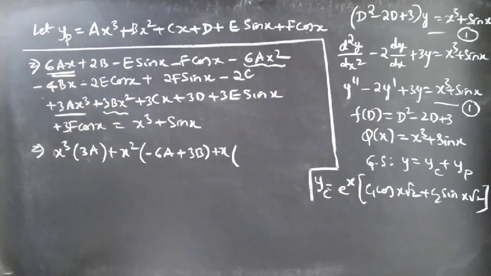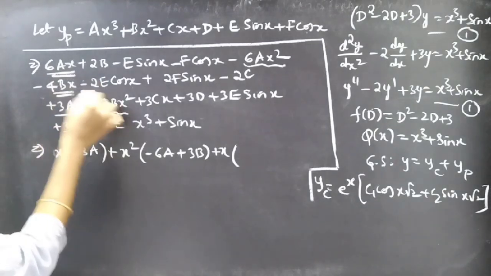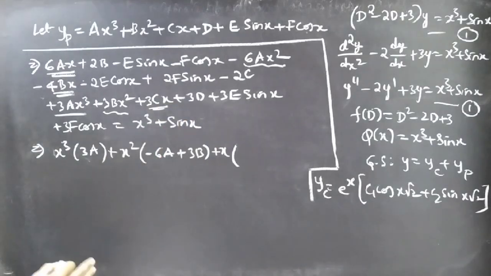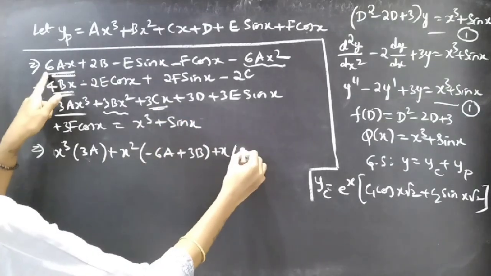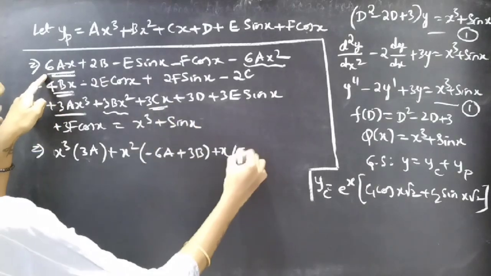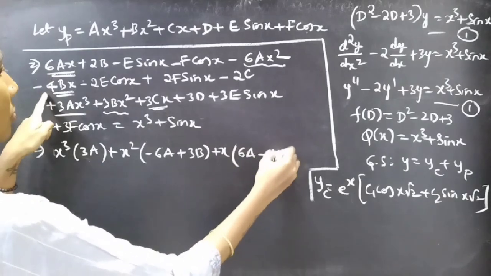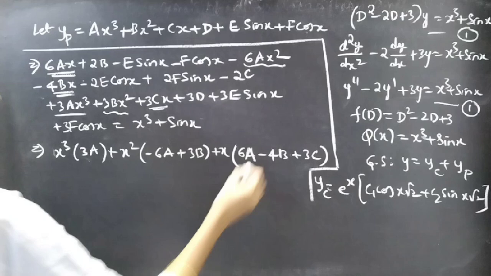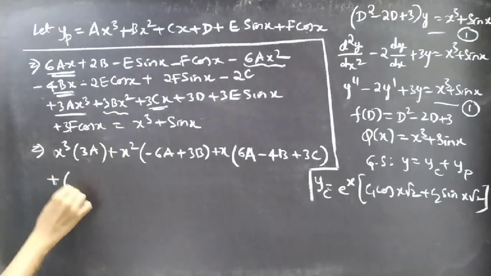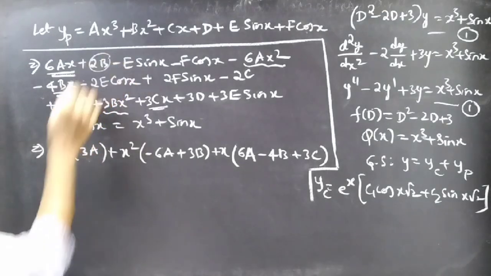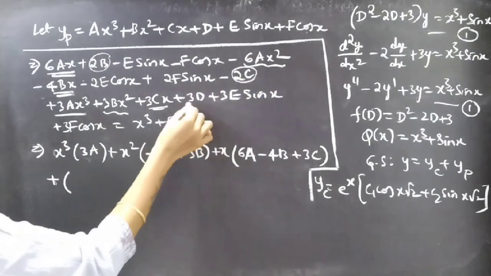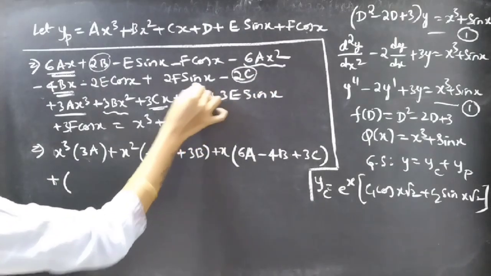There are three terms. If you take x common from these three terms, you'll get 6a minus 4b plus 3c. Now write the constants: one, two, three.